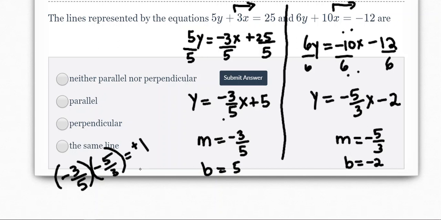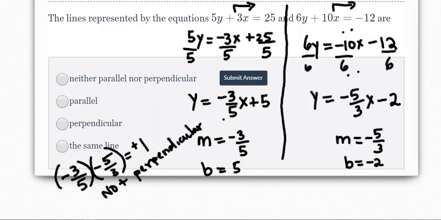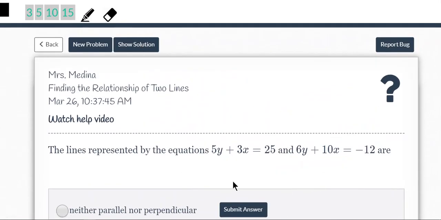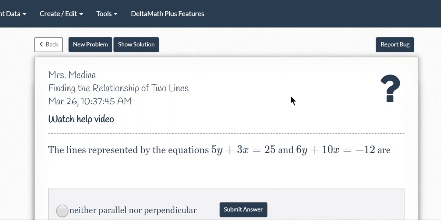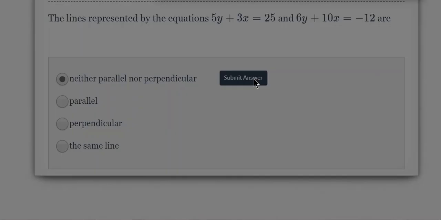So that means that it is not perpendicular. Remember, to be perpendicular, you have to get a negative 1 when you multiply the slopes. So if it's not perpendicular either, then it's going to be neither. Neither parallel nor perpendicular.